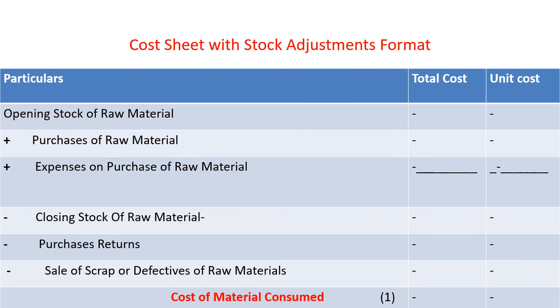This is the format with stock adjustment. It contains opening stock of material plus purchases of material plus expenses on purchase of raw material minus closing stock of raw material, less purchase returns, less sale of scrap or defective raw materials, we get cost of material consumed.